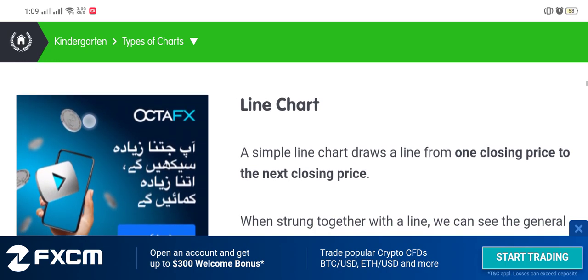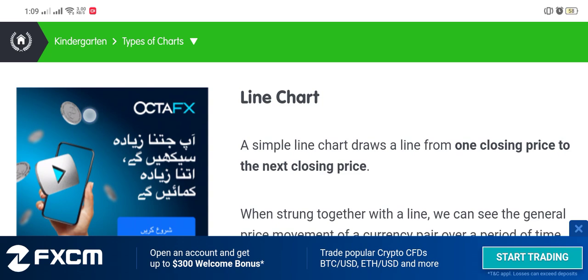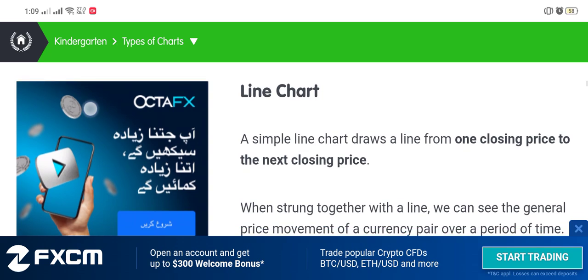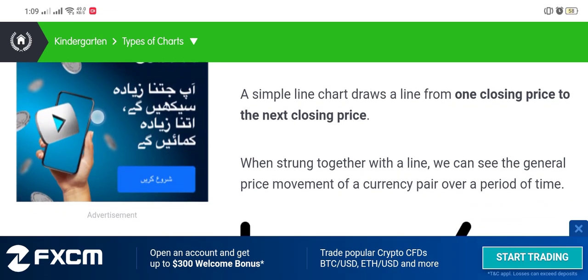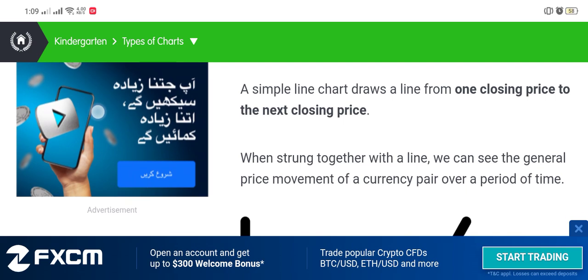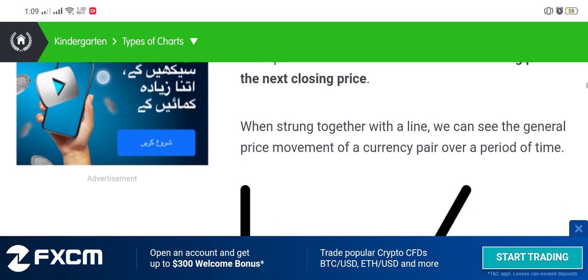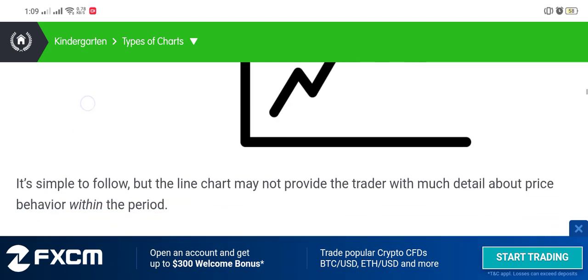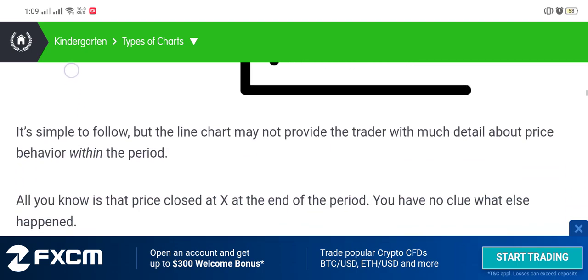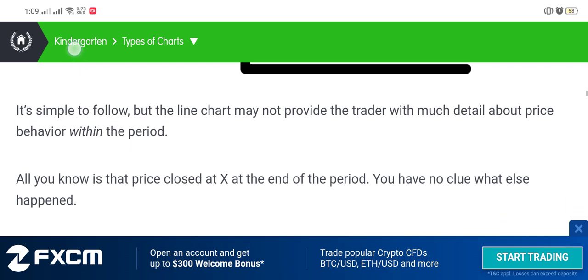Line chart. A line chart is a simple chart drawn by connecting one closing price to the next closing price. When strung together with a line, we can see the general price movement of a currency pair over a period of time. It is simple to follow, but the line chart may not provide a trader with much detail about price behavior within the period.